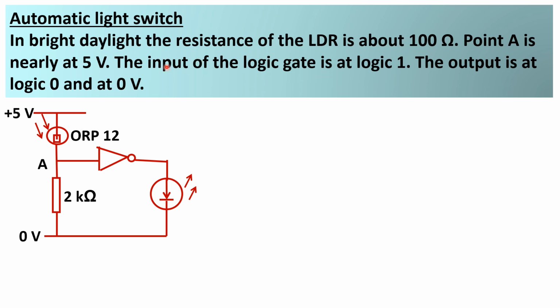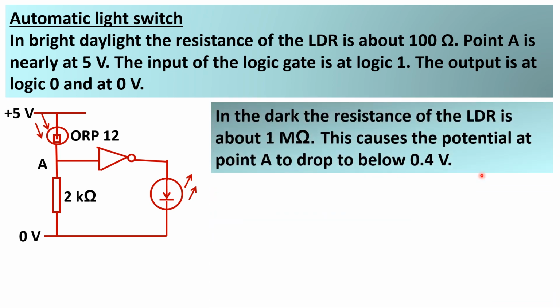It was discussed in a previous episode that a light-dependent resistor has a resistance that is inversely proportional to the intensity of light. So during bright daylight, its resistance drops to about 100 ohms. But in the dark, the resistance of the LDR is about 1 mega ohm, and this causes the potential at point A to drop to below 0.4 volts.